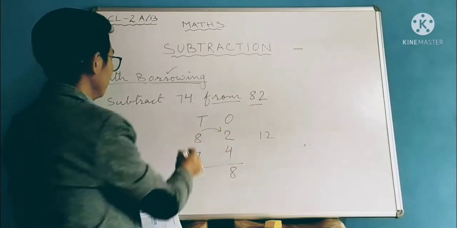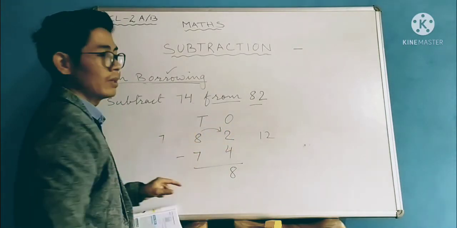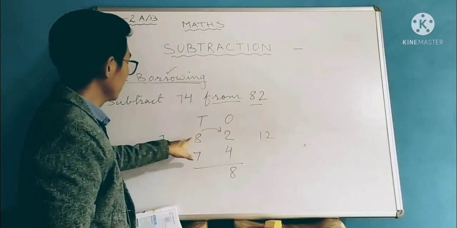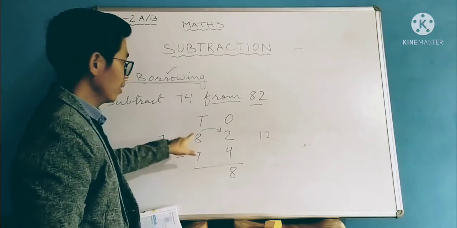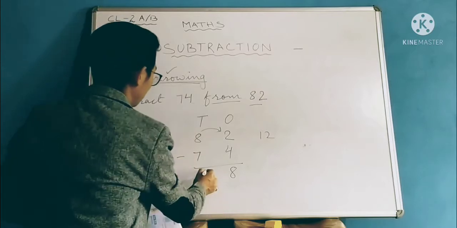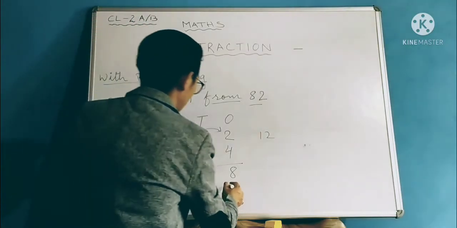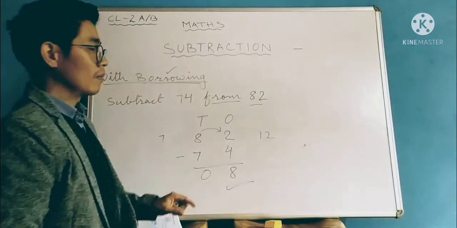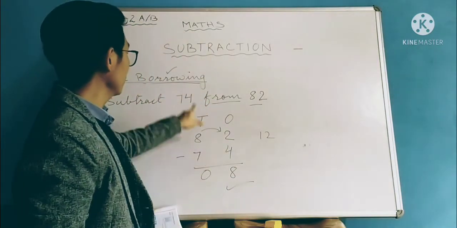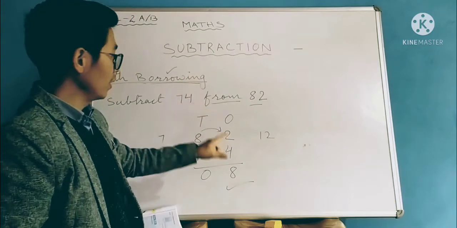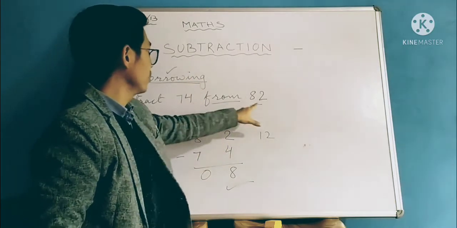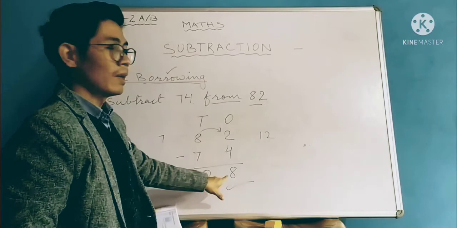Now which number do we have here? 7 is left here. Now 7 minus 7 is 0. So this is your answer. If you subtract 74 from 82, you will get 8.